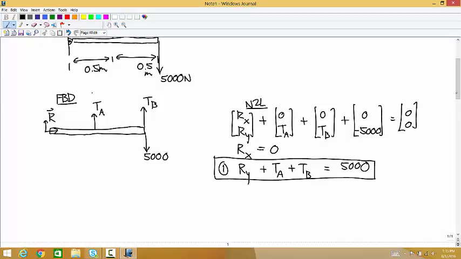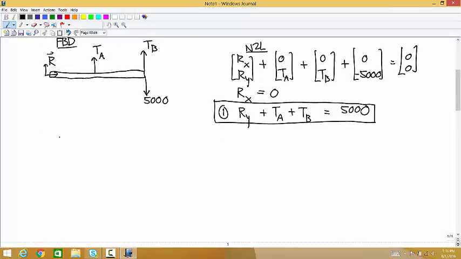And then we'll go to the moment equation. I'll do it about the left end point. There's no moment produced by R. TA has a moment arm of 0.5. And is that a positive or a negative moment? Positive, because that would be counterclockwise.